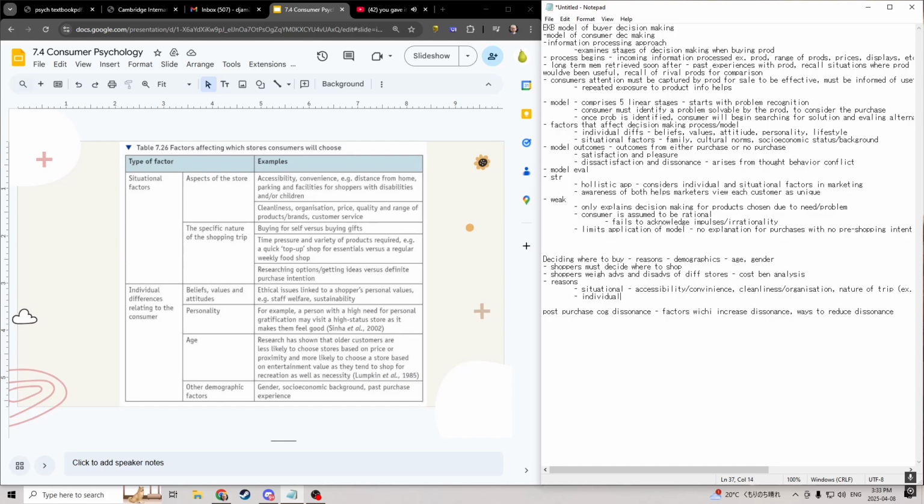Individual: staff welfare, sustainability.